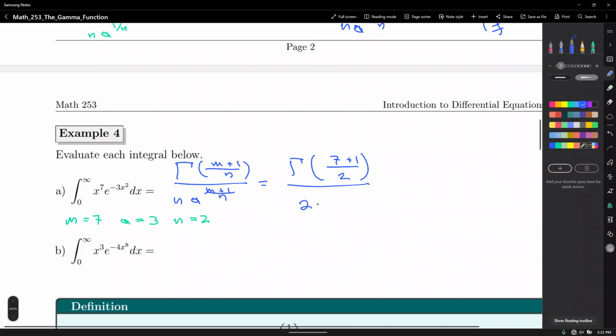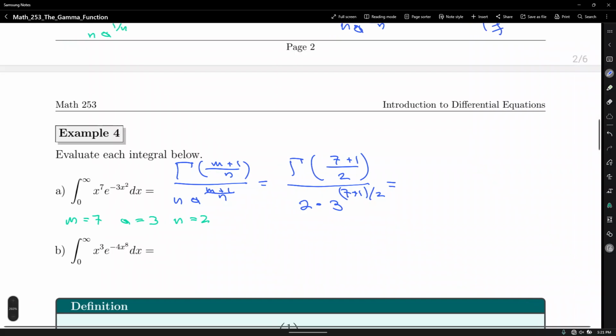Is that 2? Times 3 to the (7 plus 1) divided by 2. Just simplify this using some arithmetic. 7 plus 1 is 8, divided by 2 is 4. So this is gamma of 4 divided by 2 times 3 to the 4th power.